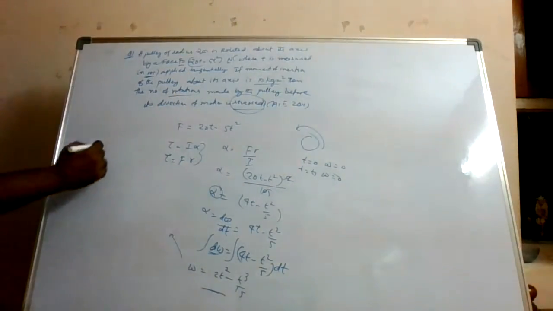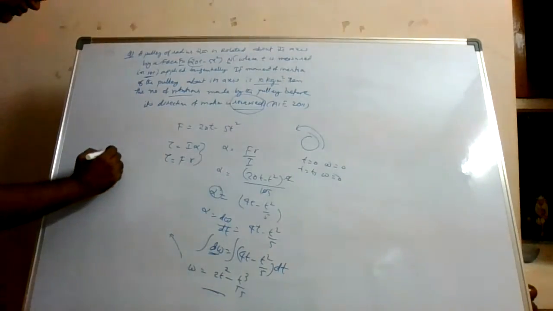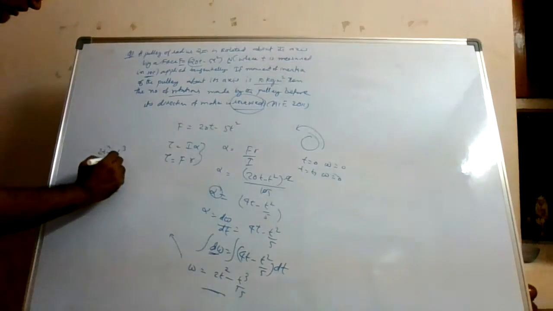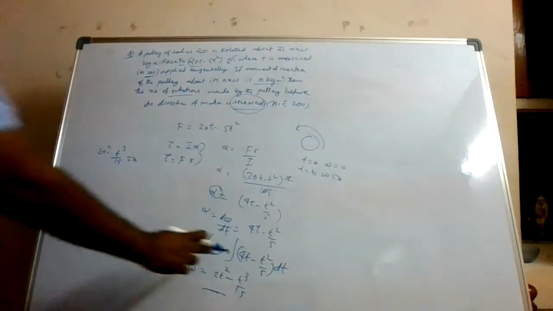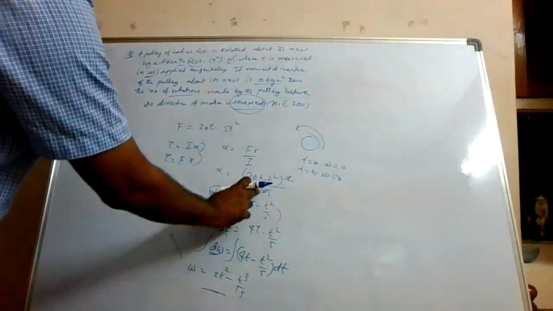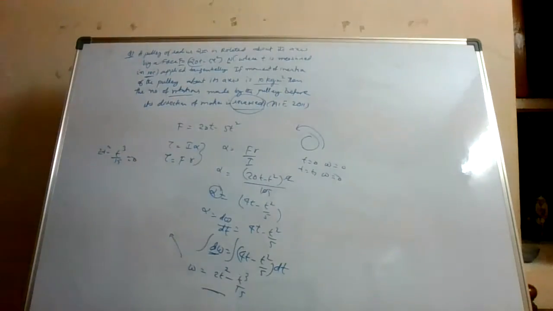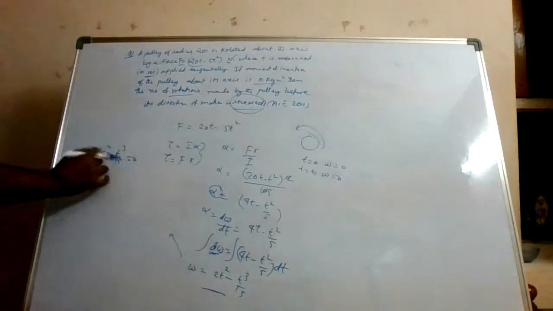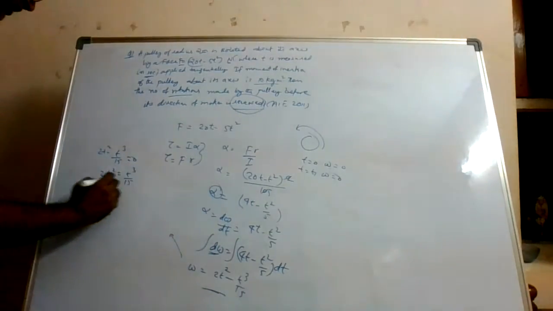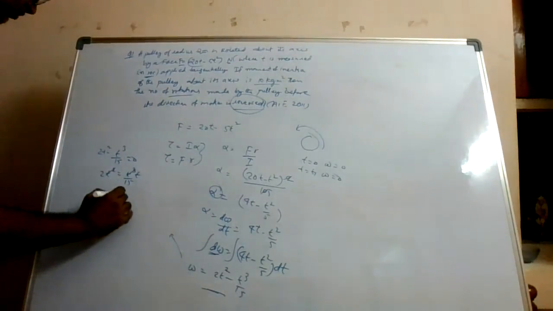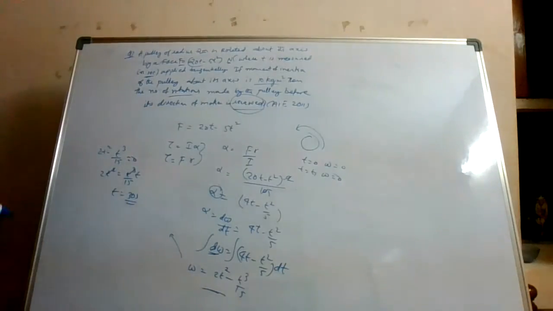If you put omega equal to 0 here, you are going to get 2t square minus t cube by 15 is equal to 0. Did I make the calculations correctly? So here you can write that 2t square is equal to t cube by 15. This goes, t times. So t is equal to 30 seconds I am getting.